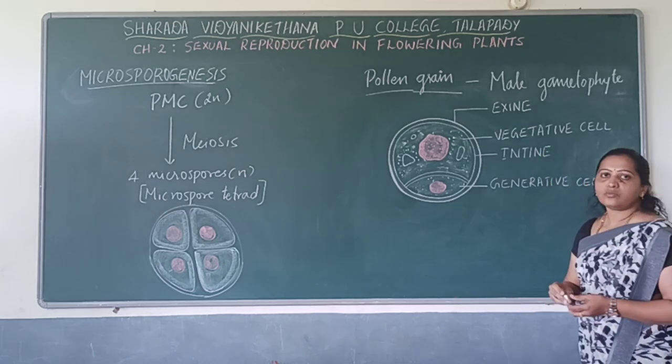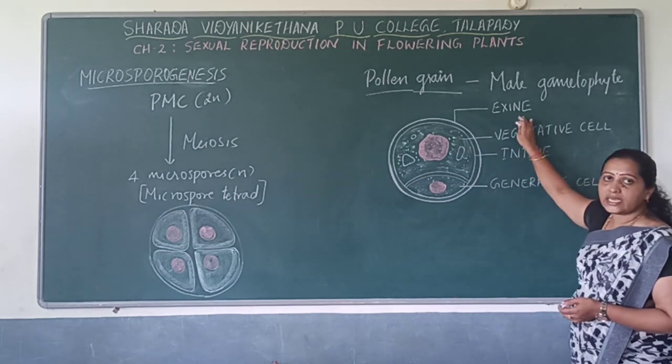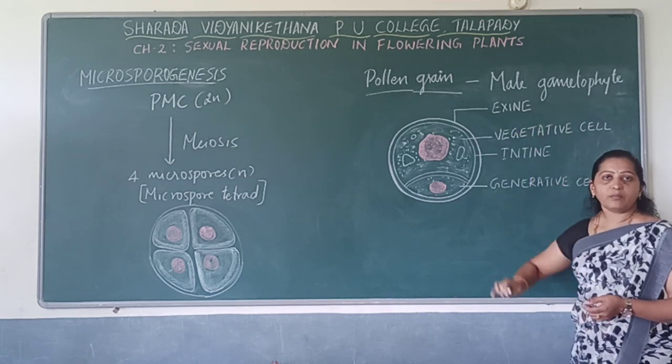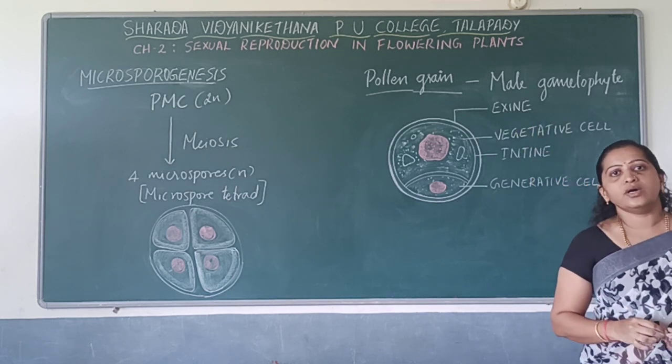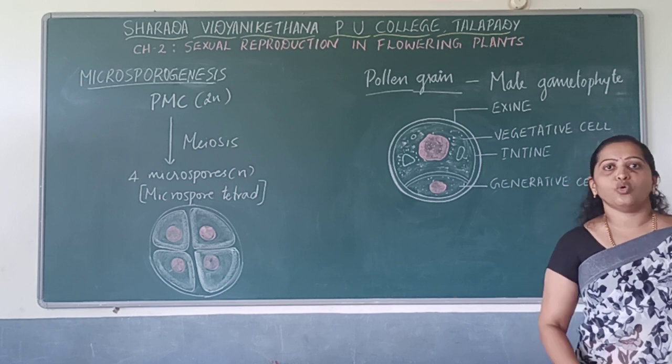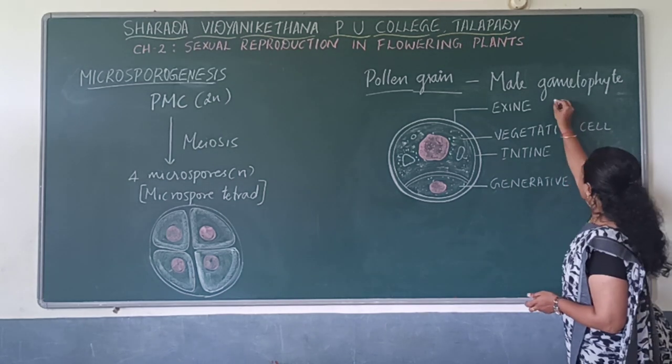The outermost wall layer, that is the exine wall layer, is made up of deposition of an organic material known as sporopollenin.